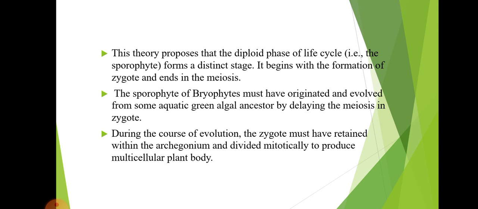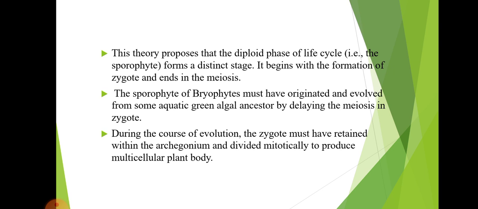It begins with the formation of zygote and ends in meiosis. The sporophyte of bryophytes must have originated and evolved from some aquatic green algal ancestor by delaying the meiosis in zygote.